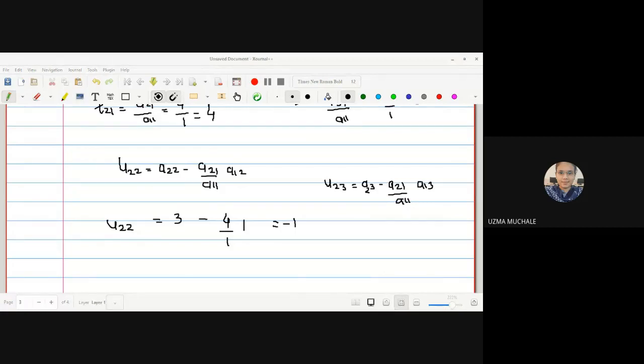We know all the values of Aij, hence A23, second row, third column, minus A21. What is A21? 4 divided by 1, A13 is also 1. So totally we get the value of U23 is minus 1 minus 4, it is minus 5.